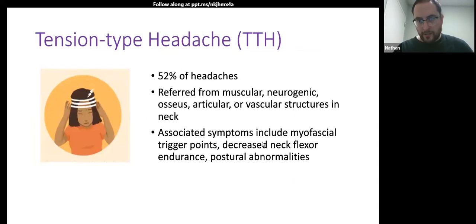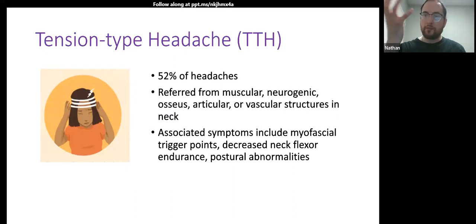And then here it says decreased neck flexor endurance, which basically means if the muscles in the front of my neck are weakened, it's very possible for my head to get a forward posture and always have my neck poking forward. If that's the case, all the muscles in the back of the head are working really hard to keep my head over my body.